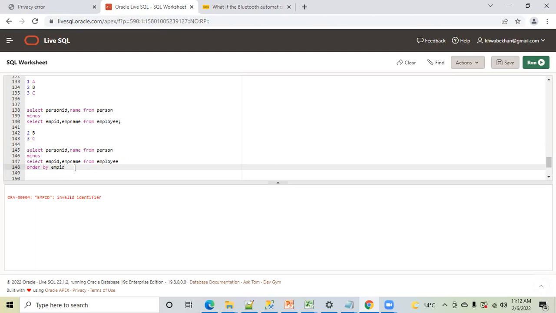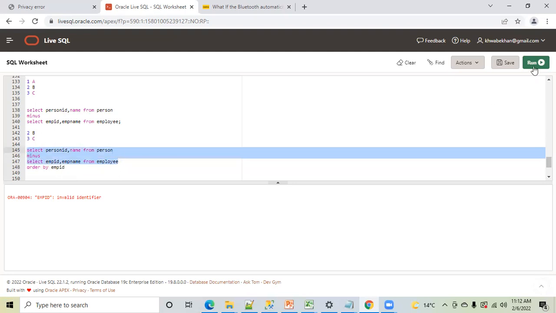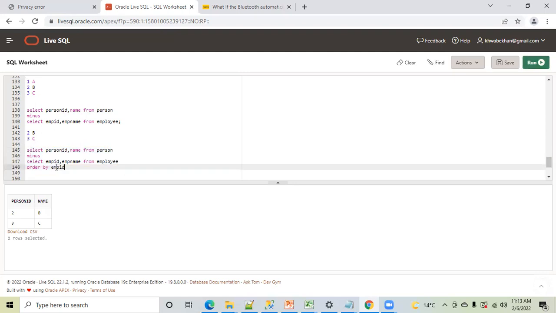In the result set, only person ID and name are being fetched. Because in the output you are getting only person ID and name, but you are telling SQL to sort it based on the employee ID, and employee ID is not present here. How can it sort based on the employee ID?